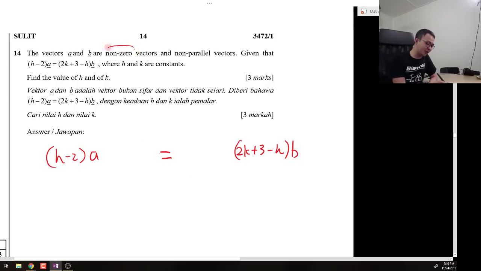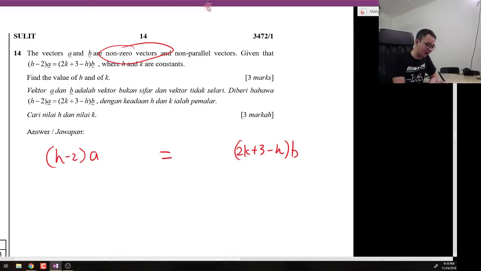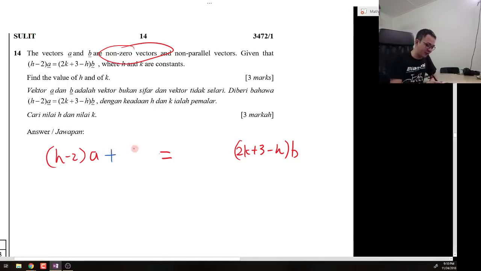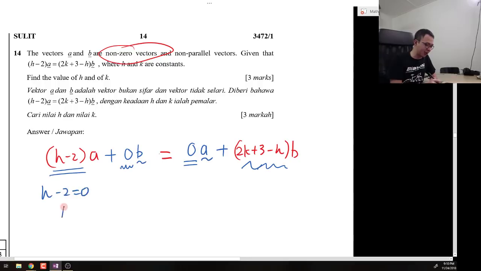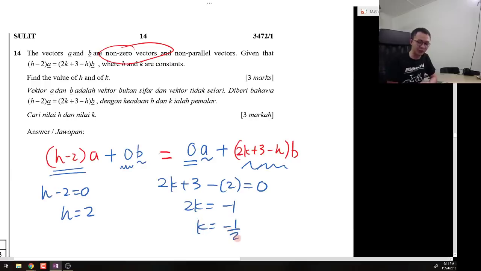Because these are non-zero vectors, you should have an invisible 0b here and an invisible 0a here. Then I compare a with a, and b with b. So h minus 2 equals 0, h equals 2. Then 2k plus 3 minus 2 equals 0, so 2k equals negative 1, k equals negative 1 over 2. This is how we do this kind of question.